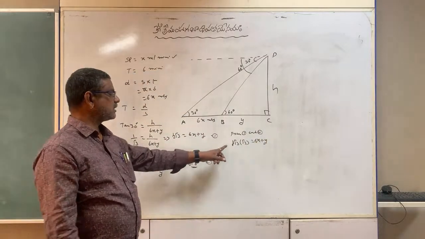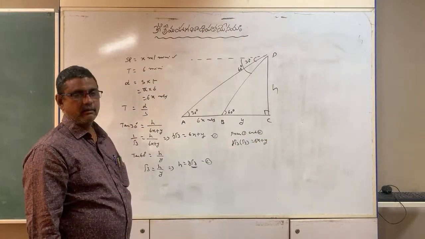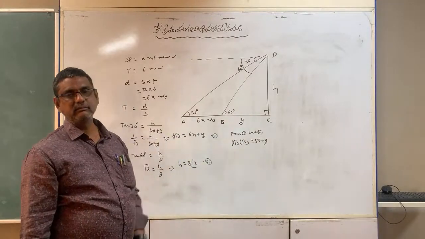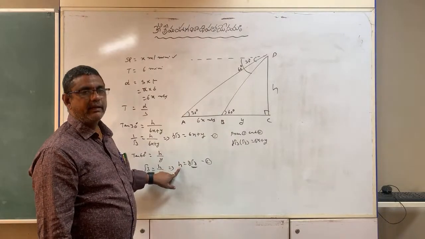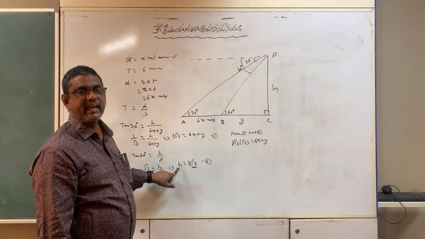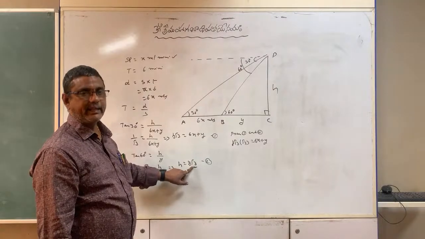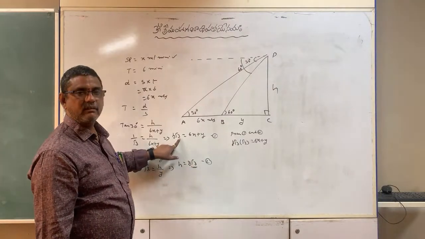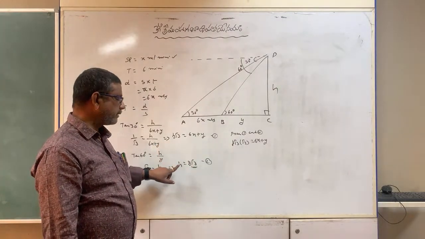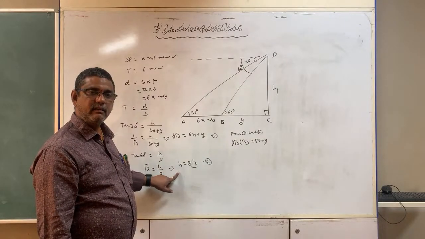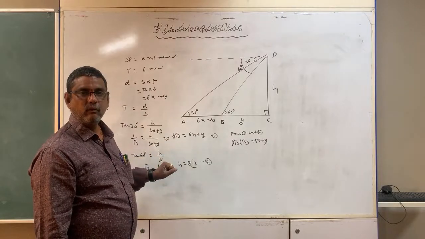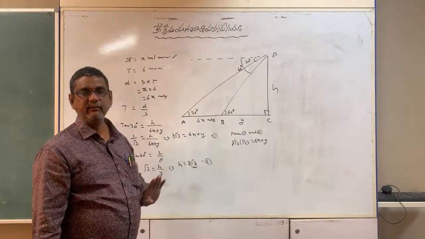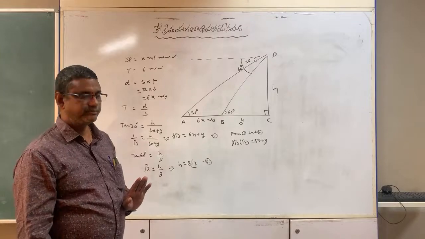Why do I want to insert y root 3 in the place of h? Because I need to find y.